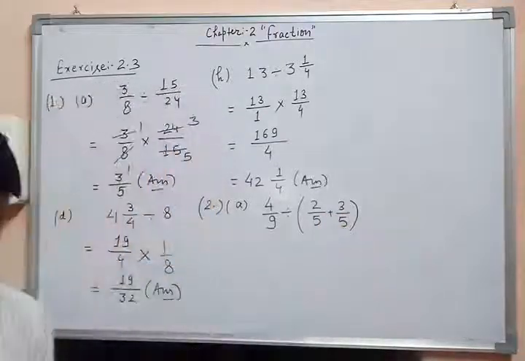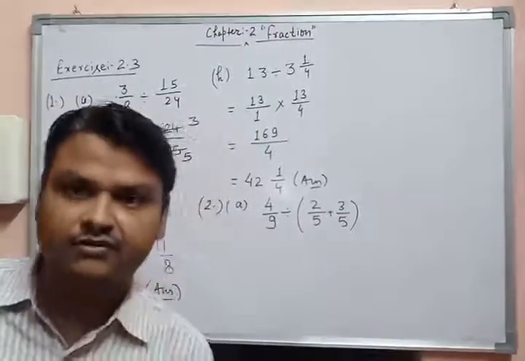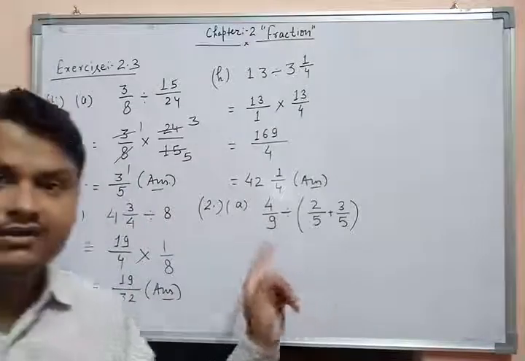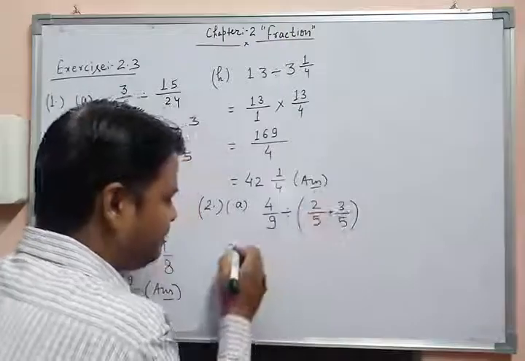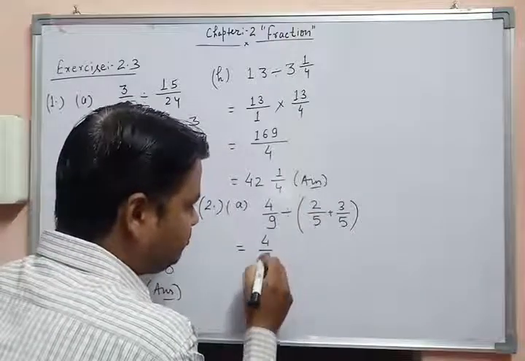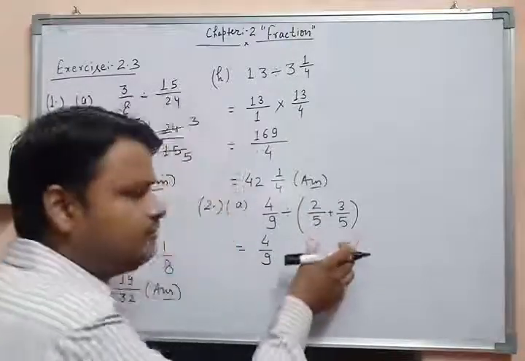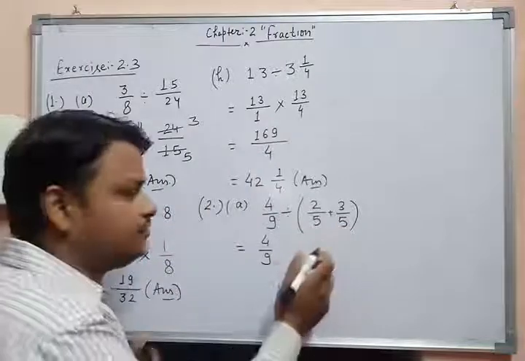So students, in this question, first of all you have to solve the bracket part, and in the bracket part you have to add. This is a very easy addition because both the fractions are like fractions.